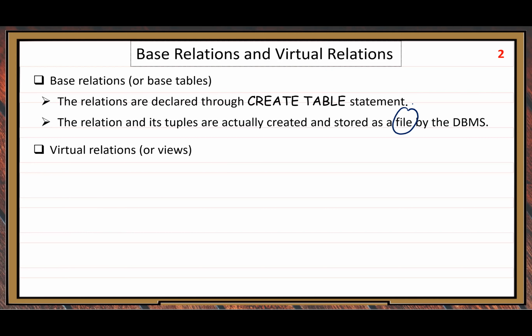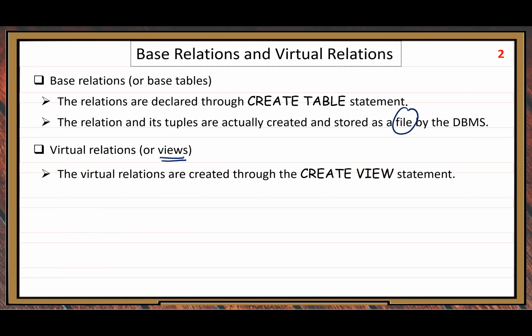Virtual relations, or views. Last time we called these views. How to create them? Virtual relations are created through the CREATE VIEW statement. So you can see we just replace TABLE by VIEW. They have a similar structure.